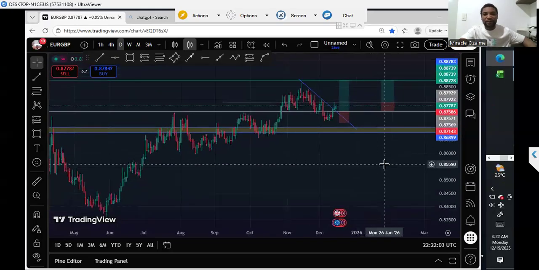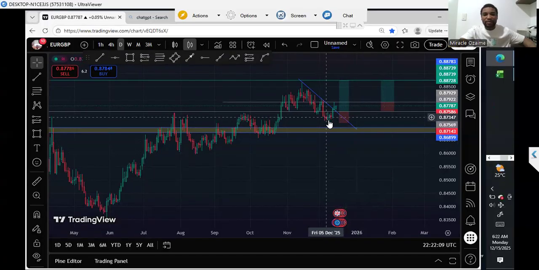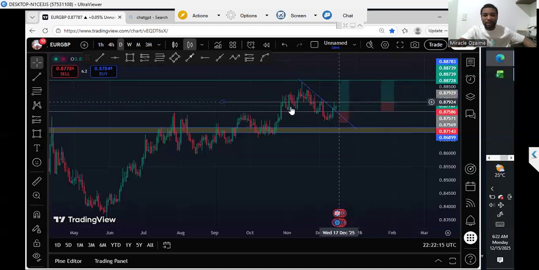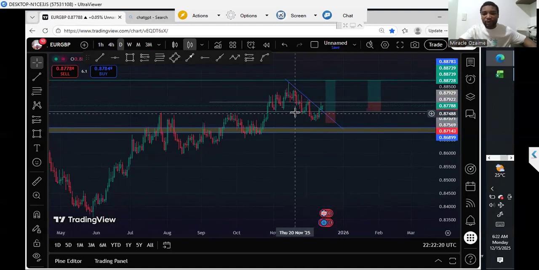Why is it looking like a failed head and shoulder pattern? Because the market has stalled around this place and it's pushing up for a continuation to the upside. So I am already placing my trade for a buy around this area because I feel like the market is going to come and test this region, for a continuation to the upside.